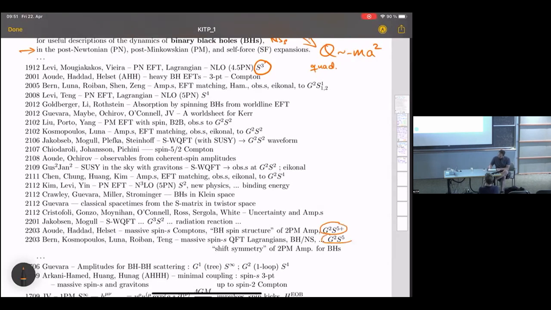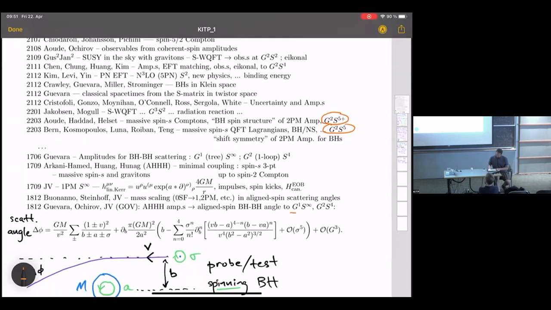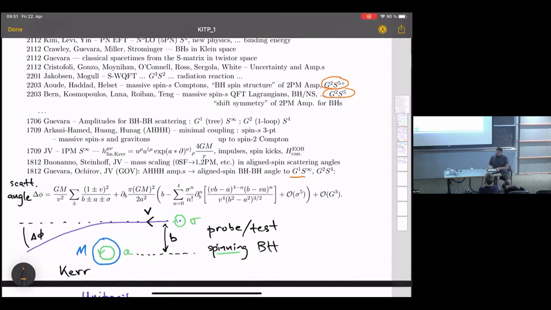is pushing at the second post-Minkowskian order past a very interesting boundary and answering a problem that's a few years old now, going back to some work which very conjecturally was claiming it could calculate for two black hole scattering, the aligned-spin black hole scattering angle to all orders in spin at linear order in G and up to fourth order in spin at G squared.